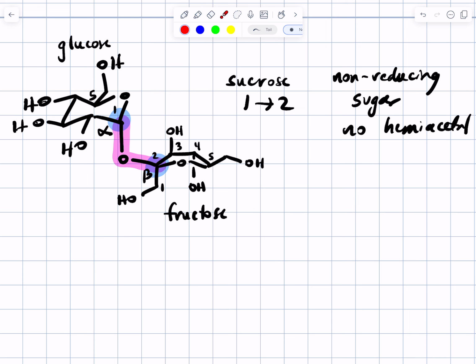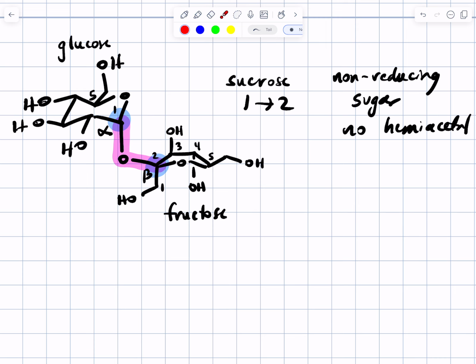I'm not sure how they name the glycosidic linkage in sucrose. Is it alpha 1,2 beta or something? I'm not sure. We could look it up. It doesn't matter. I won't ask you to name it. But sucrose is unique in the sense that it's a non-reducing sugar. And of course, your body can hydrolyze that linkage to liberate both glucose and fructose. And we'll learn in our chapter on metabolism what your body does with glucose and fructose.